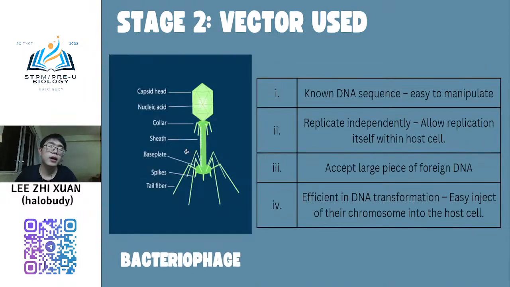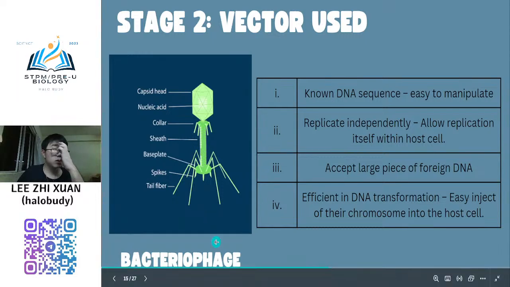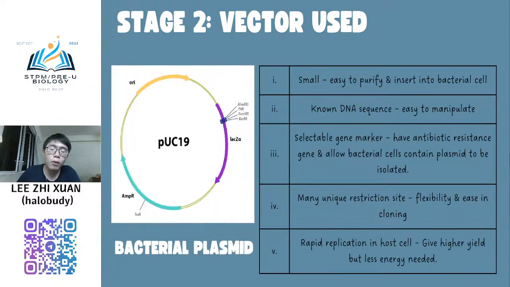Okay, another type of vector that we use is bacteriophage. Normally we use bacteriophage when we want to clone a genetic sequence that is very long compared to plasmid.